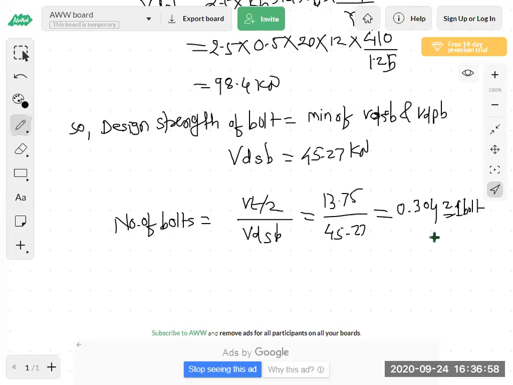So we have to remember the procedure. The formulas are given for each and every step, that VT by 2, VT, those formulas are given, but the procedure we have to keep in mind. So for that you have to prepare the summary sheet, design of built-up column.